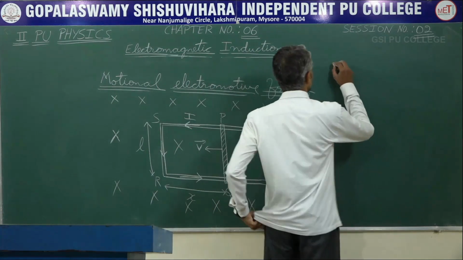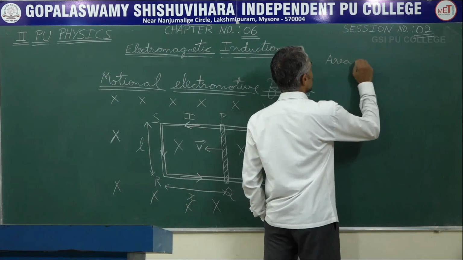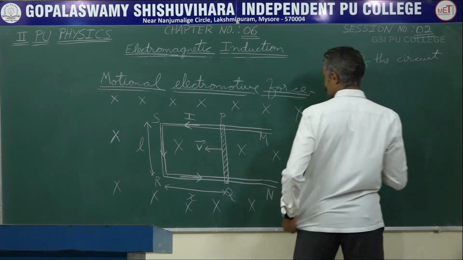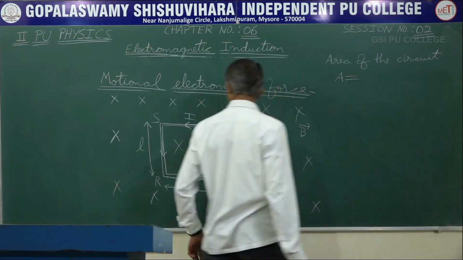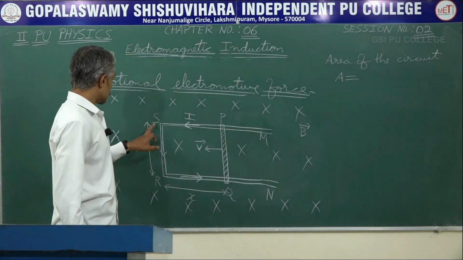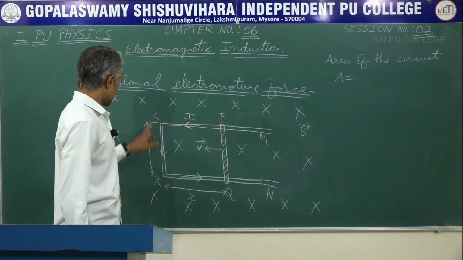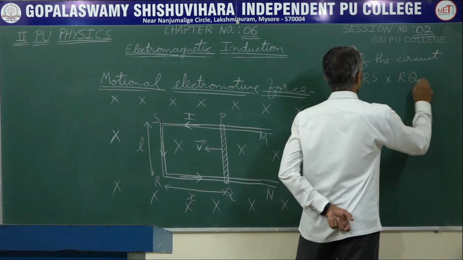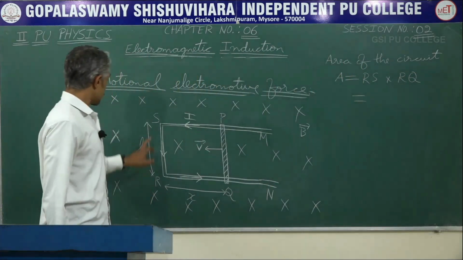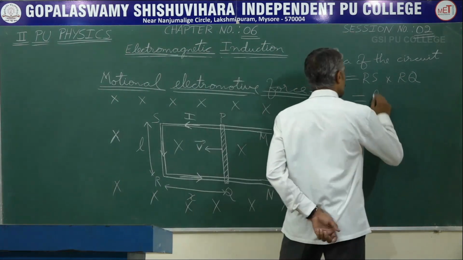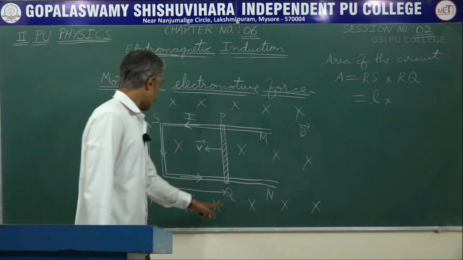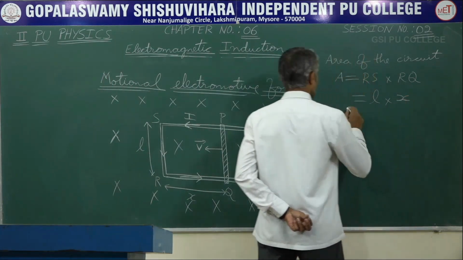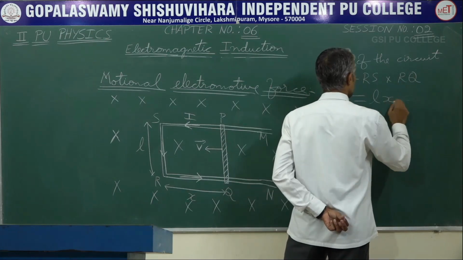The area of the circuit can be written as RS into RQ. RS here is the length L, and RQ is x. So the area is going to be L into x.